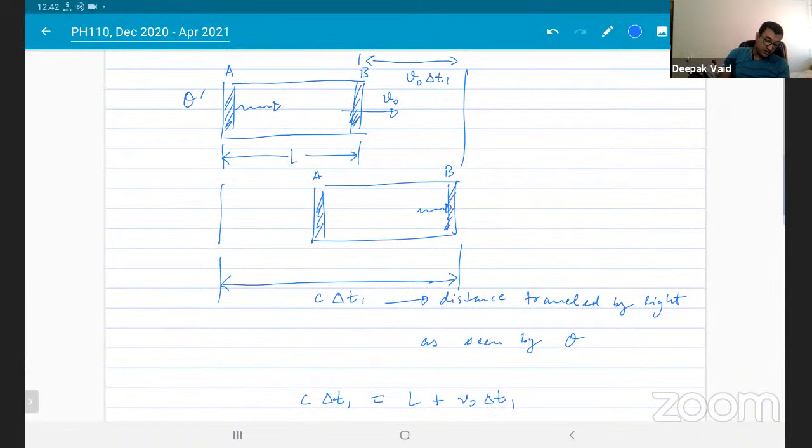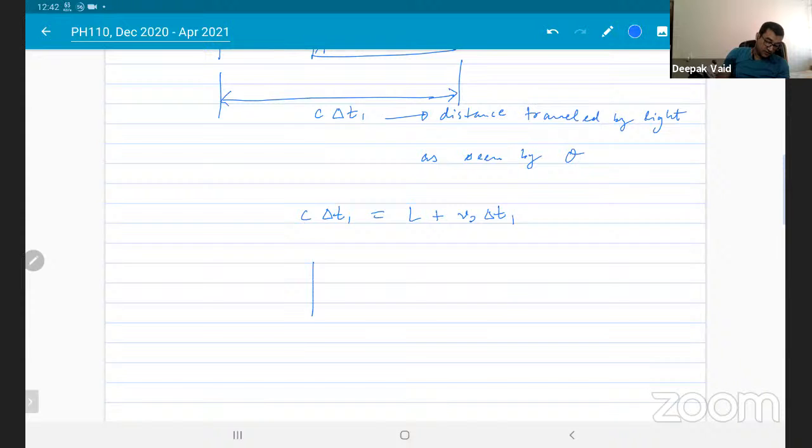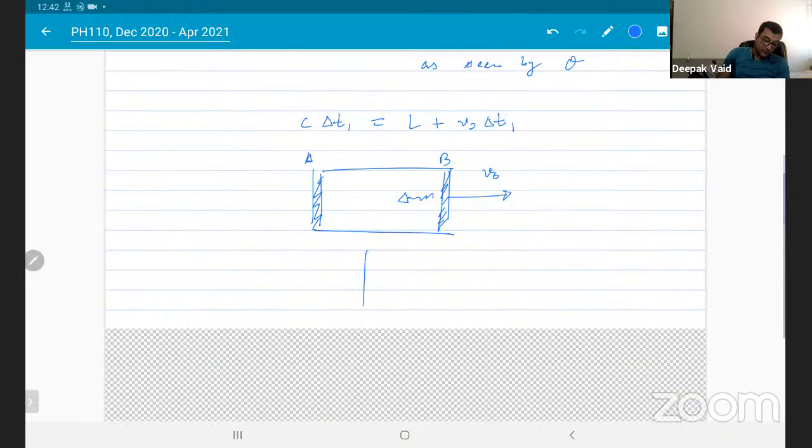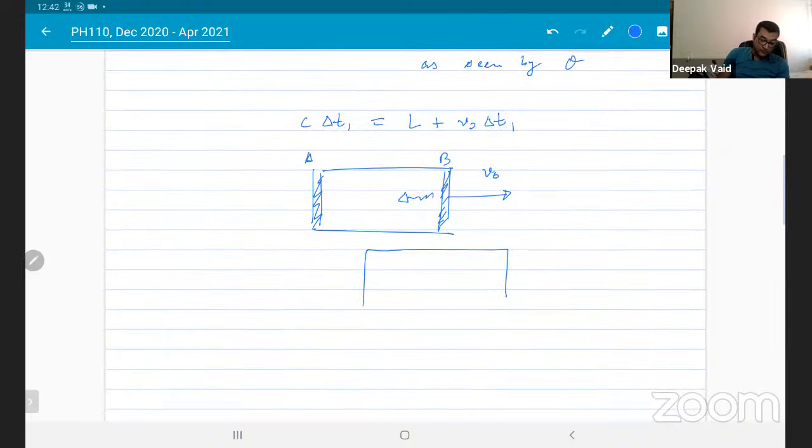Okay. Now we consider the journey of the light on the way back. So now we have the same box A and B. It's moving with some speed v naught in this direction. The light is emitted from B. Then the box moves forward.